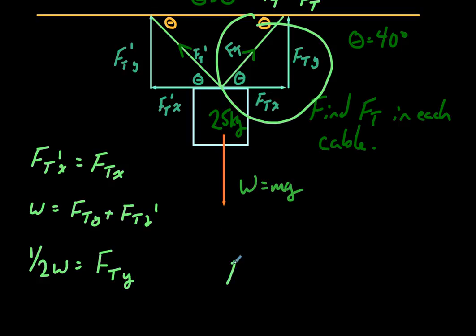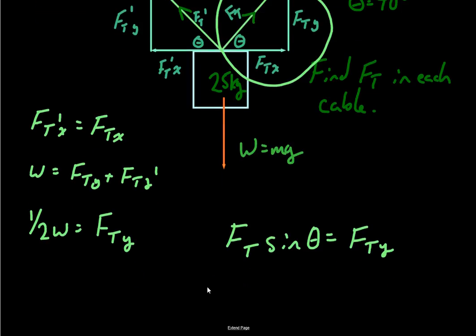We'll say this: Ft sine theta is equal to Fty, right? Does that make sense? T times the sine of theta is equal to Fty. So then we could take this formula and we could substitute that in.